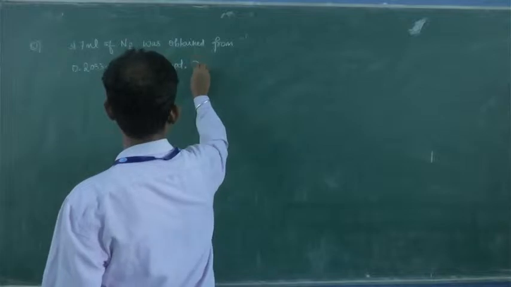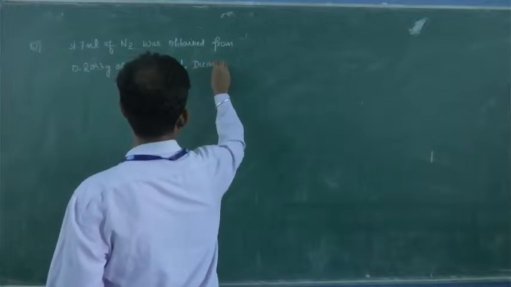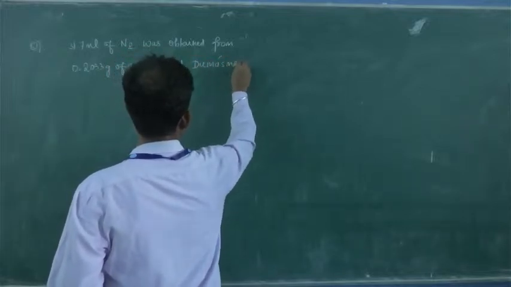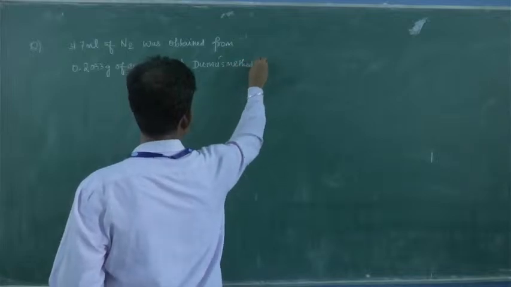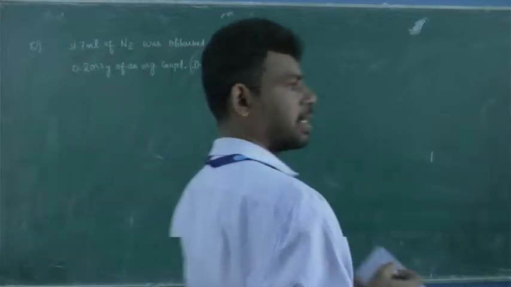Is it clear? So what is given? It is given the volume of N2 that is liberated or obtained from the organic compound in Dumas method. In Dumas method. Is it clear?